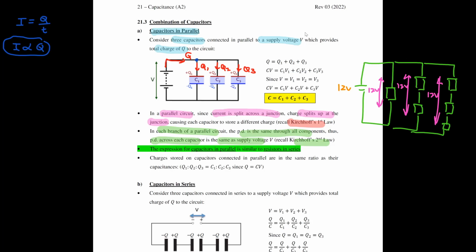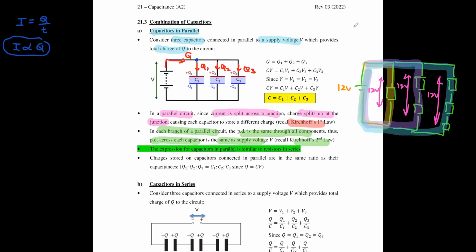Because when you apply Kirchhoff's second law, for each closed loop, sum of EMF should be equal to sum of PD, okay? So you apply Kirchhoff's second law for each of these subsequent loops that I highlight here, your sum of EMF must be equal to your sum of PD, okay?